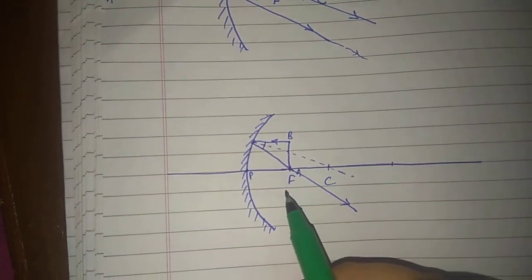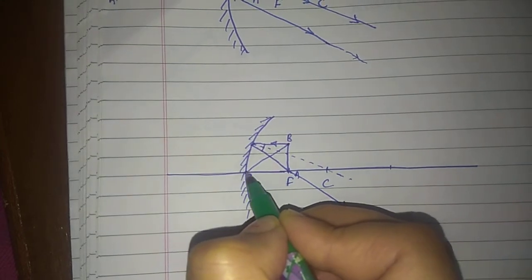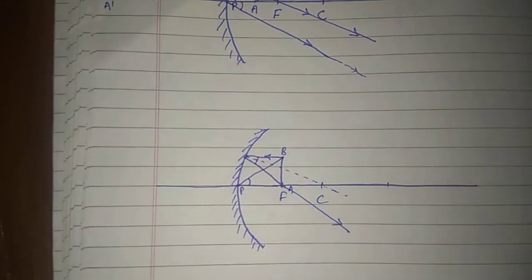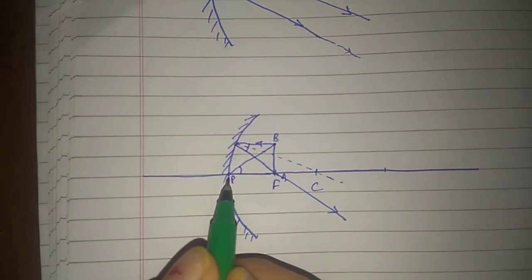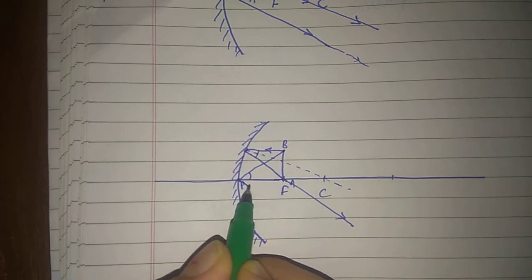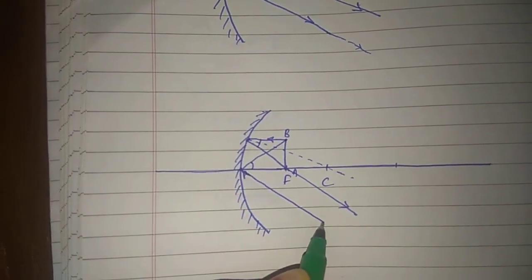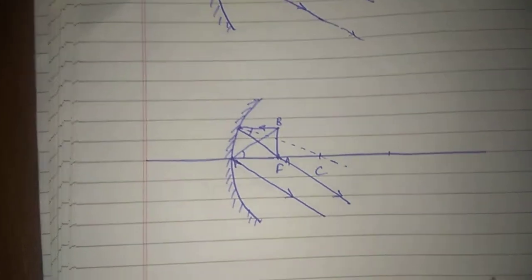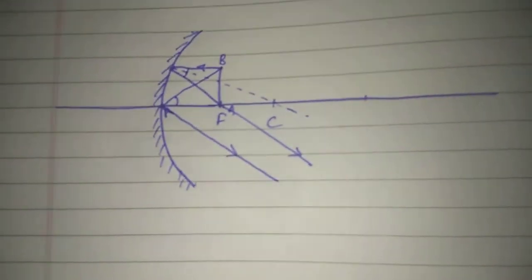And the second ray I am going to consider is going to fall on the pole. So the angle of incidence I have drawn, making the same angle of reflection. You can see both of the rays are going to become parallel.